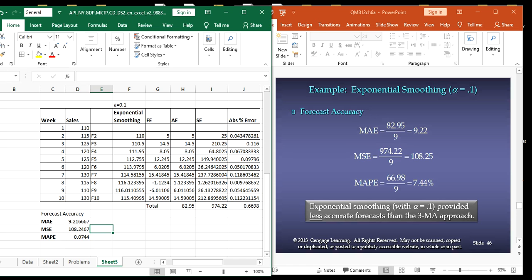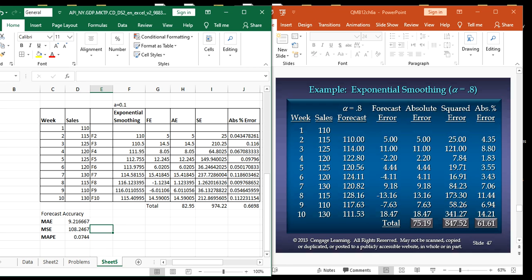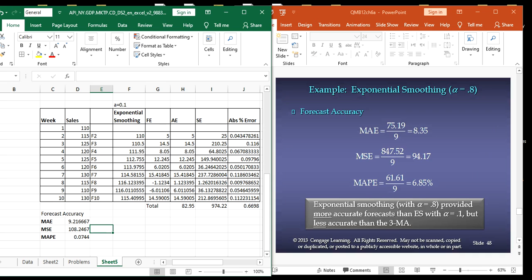Now what about when alpha is 0.8? We obtain these values, and the mean of forecast errors over here is less.